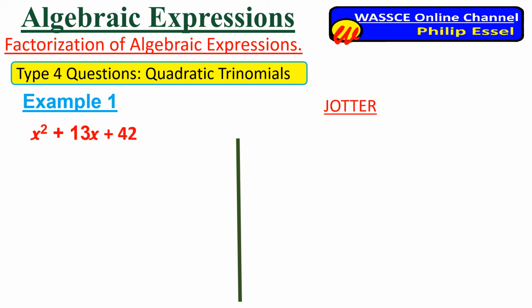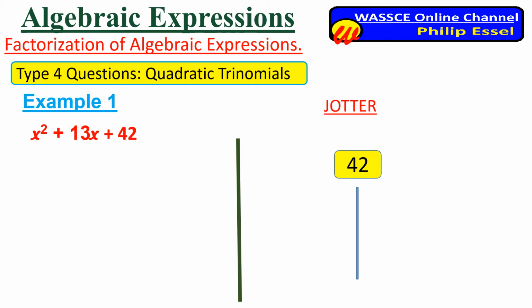The coefficient of the x squared in this case is 1. The constant in this expression is 42. So 1 times 42 would give us 42.